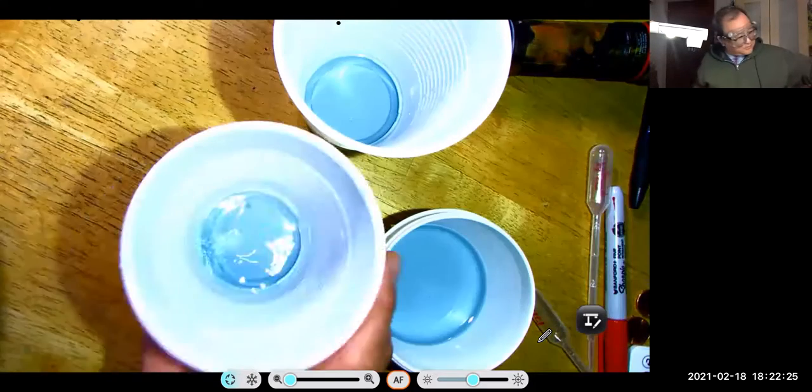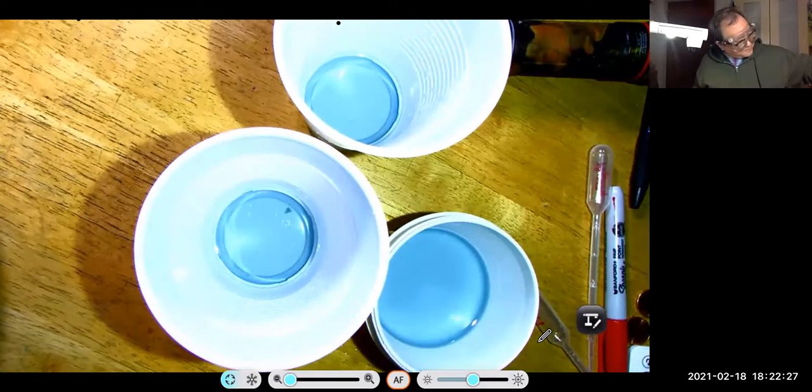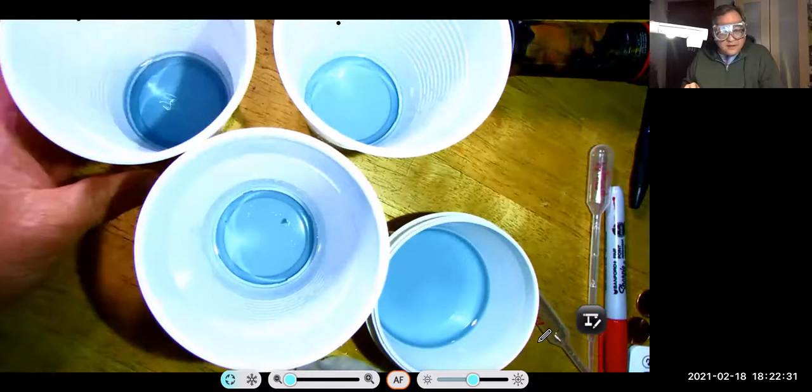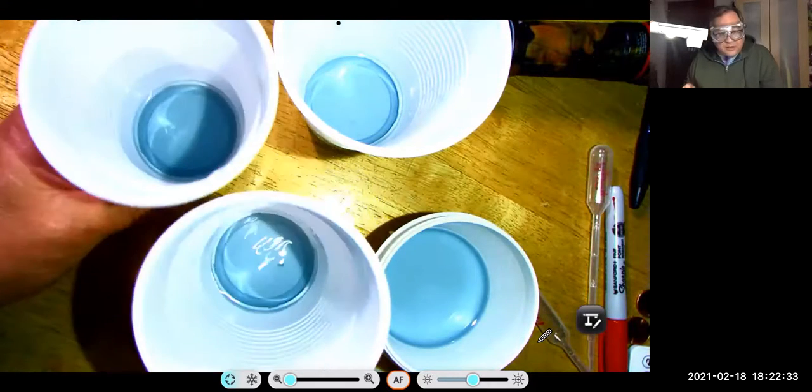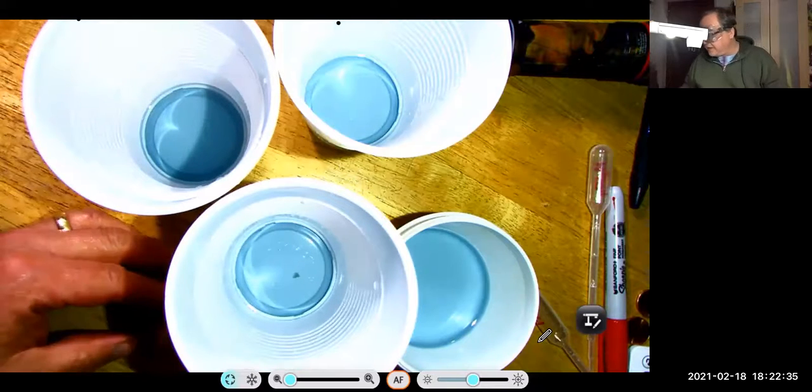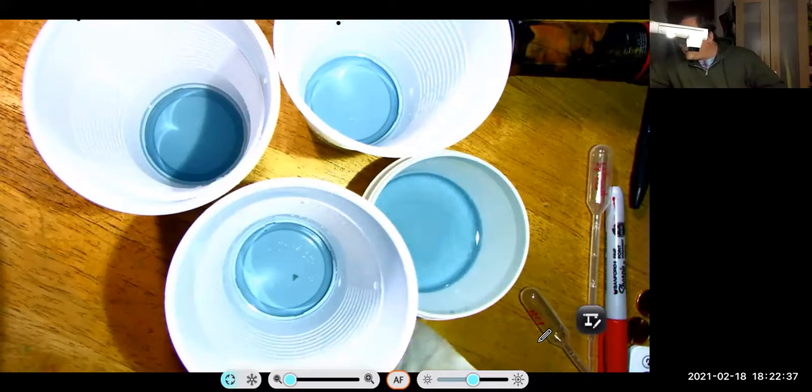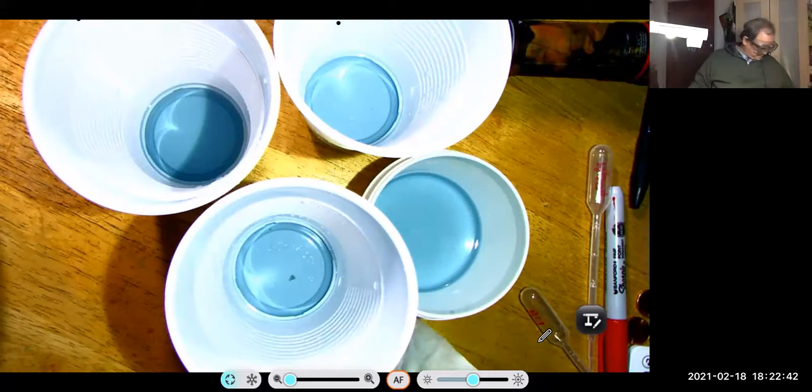So here we go. And they're all pretty similar in color again. And I'm actually going to dilute these a little bit with water. Let's see, where's my water? I've got to go grab my water.